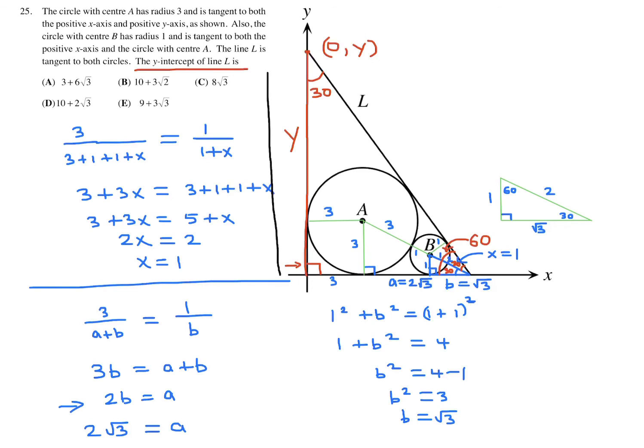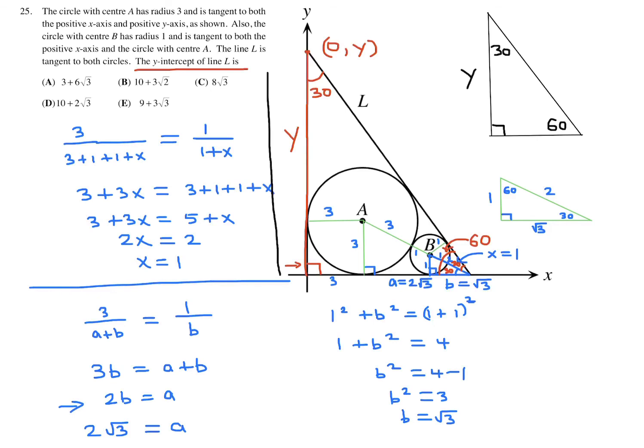Now how do we figure out y? Well, we have a 30, 60, 90 triangle, correct? And we can use the ratio of the sides. So I'll draw it here without messing up the diagram again. So we have this triangle, and it has the angles 90, 60, and 30.